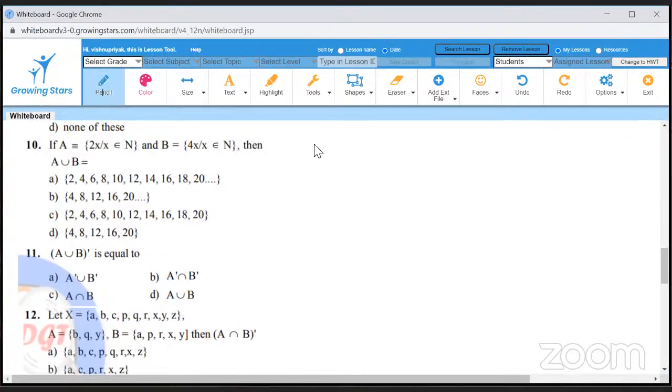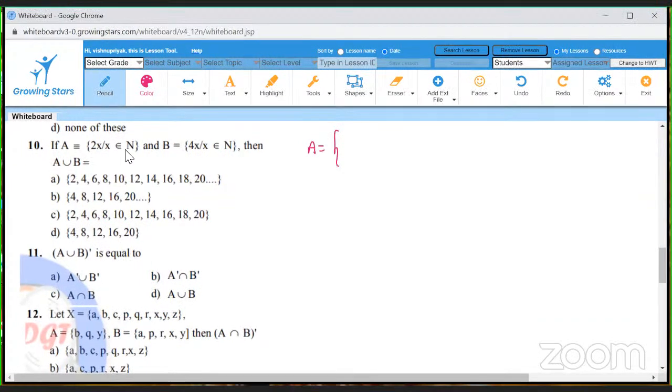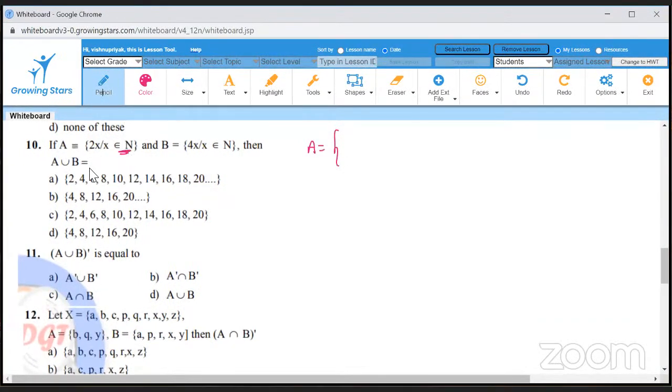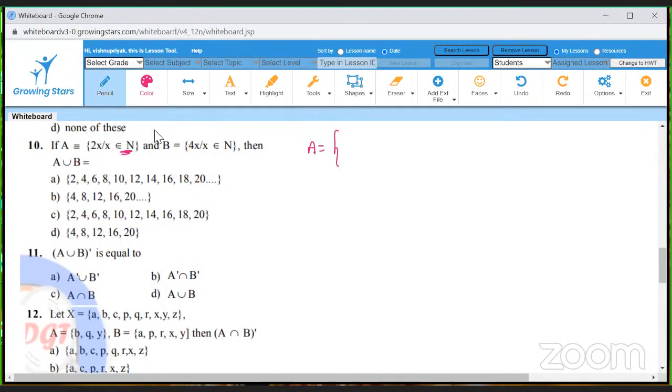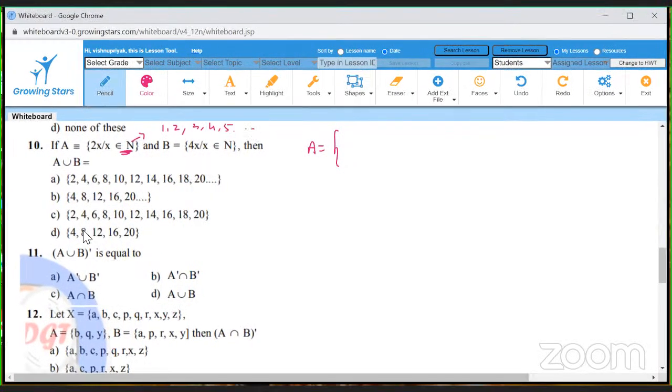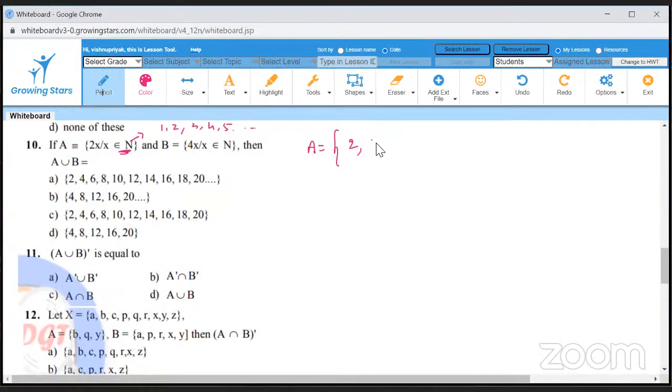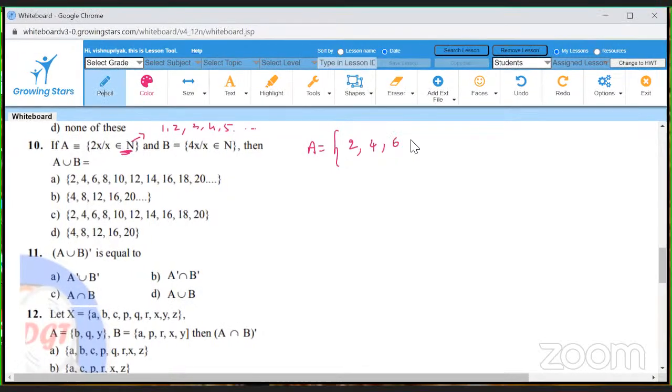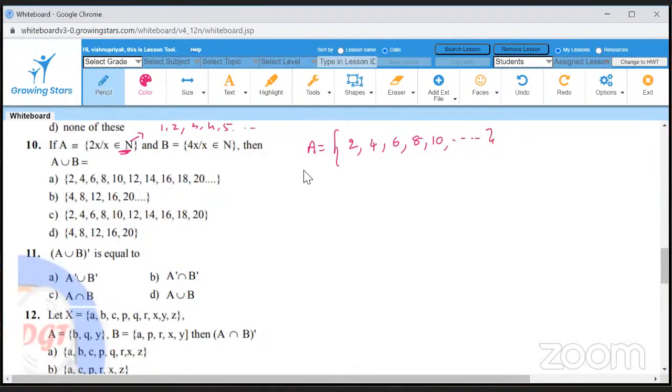Okay, next. The set A means 2x. X is a natural number. Natural numbers means 1, 2, 3, 4, 5, like that. A means 2 into x. 2 into 1, 2 2s 4, 2 3 6, 2 4 8, 2 5 10, like that.